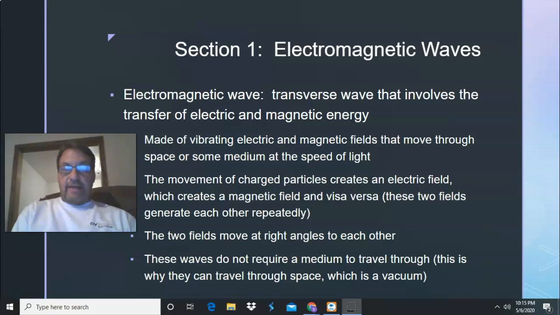So how are they alike? They're alike in the fact that they both can be transverse waves, but one of the contrasting parts, or the differences, would be the fact that mechanical waves can be longitudinal and surface waves as well, and electromagnetic waves are not. And that's a pretty quick comparison and contrast of those two terms.